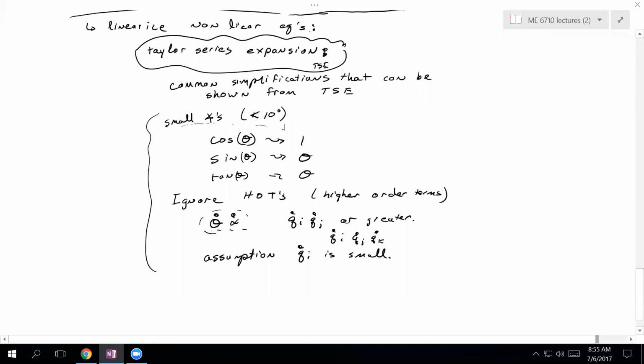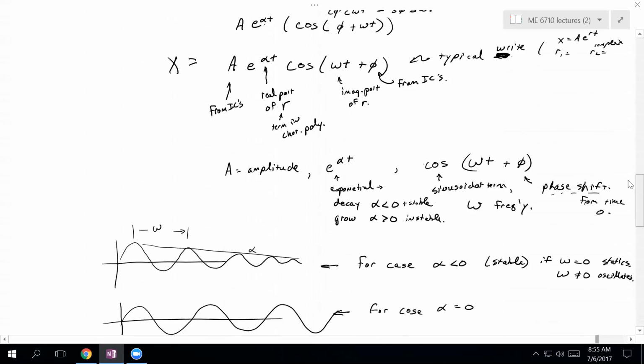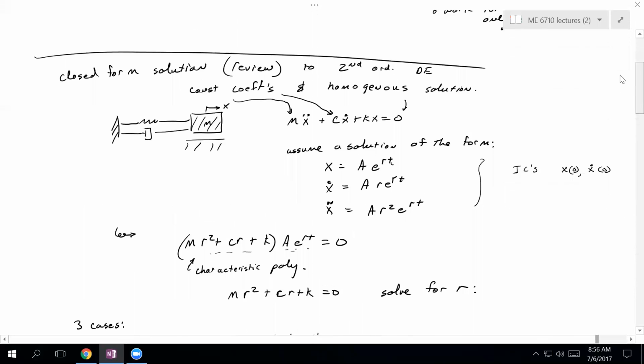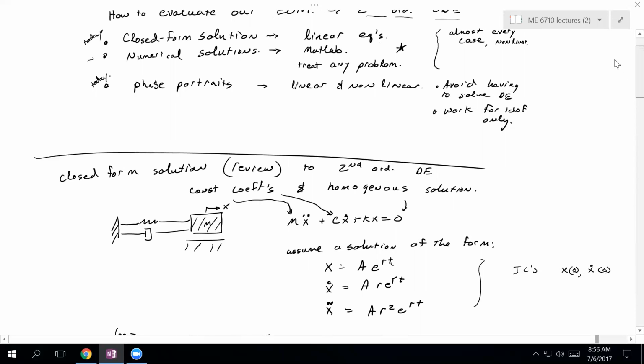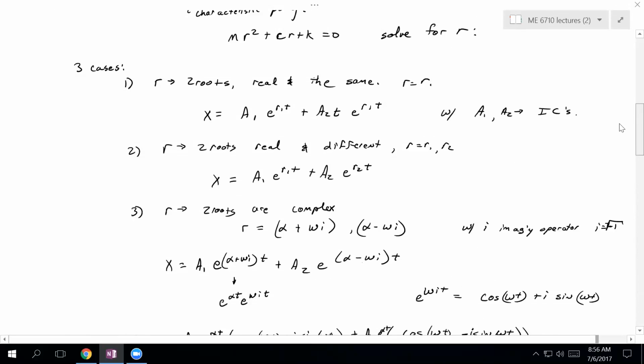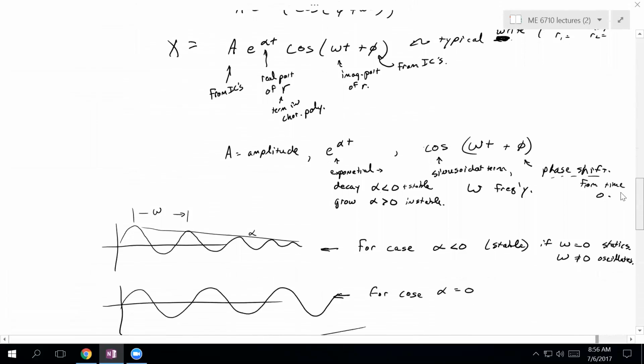All right, so we've got, in general, nonlinear equations. You can linearize the equations using some of the techniques here. Once you've linearized those, you can then go back, use a closed form solution to solve the problem, and come up with a solution. In the general case, you'll get two roots that are complex.